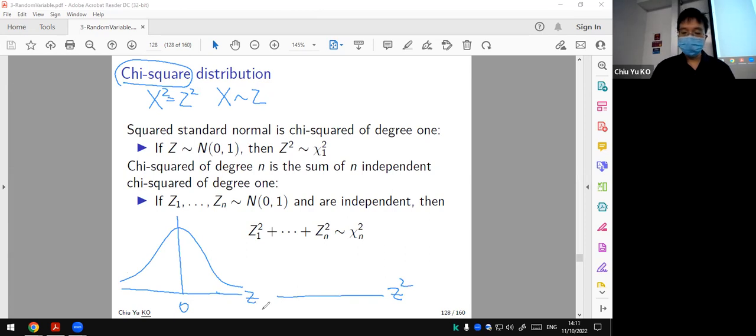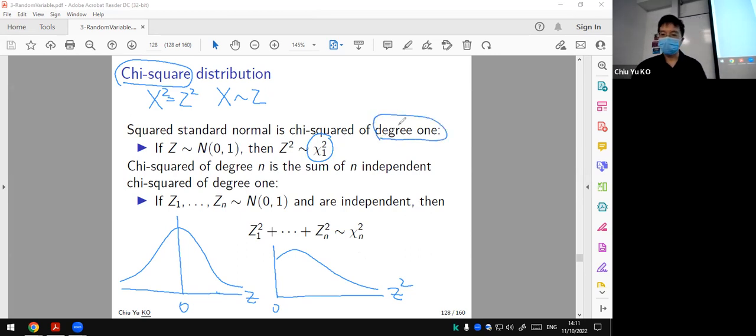Start from the standard bell. Whenever you take a square, you don't have negatives, so it looks something like this. You will see that in the next slide. That is what we mean by chi-square, and if you only have one of those, it is chi-square with degree 1.